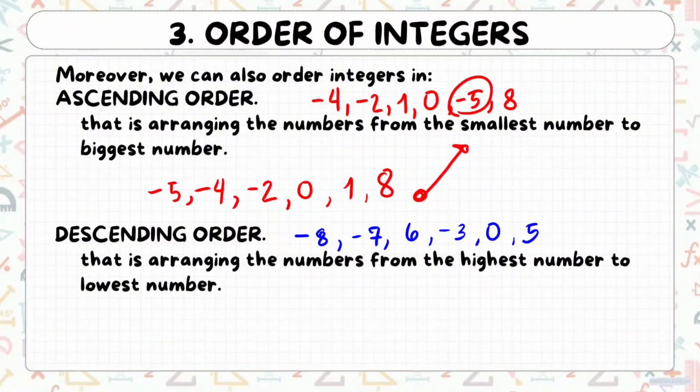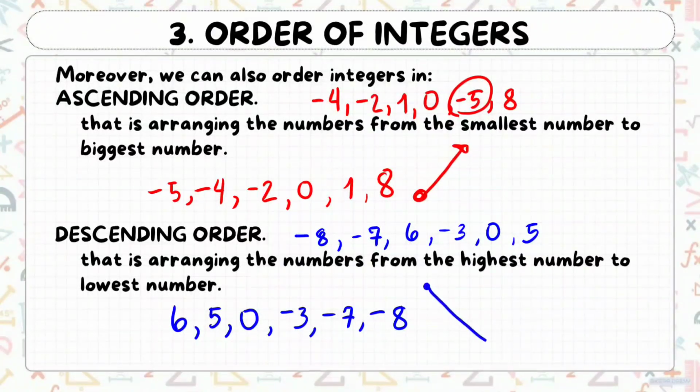So we will go with +7, followed by 6, 5, 0, -3, -7, and -8. So from the highest number, 7, to the lowest number, -8, that is just like falling down or going down.